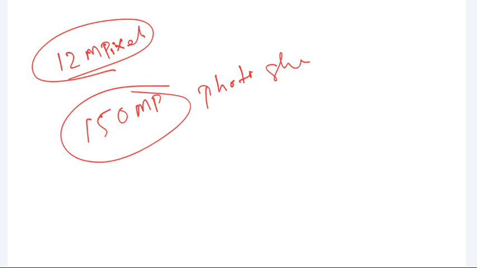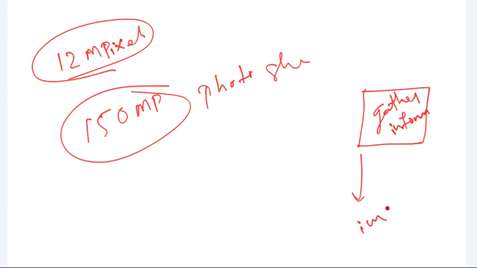Good sensors in Apple than in Chinese. Like, see, there is no good sensor, there is no bad sensor, because a sensor has only one property: to gather information. After that, there is image processing software which processes the back-reflected radiation and gives you an image.